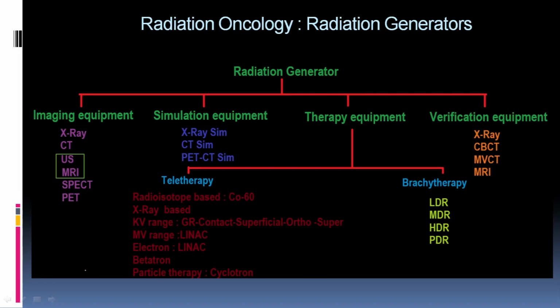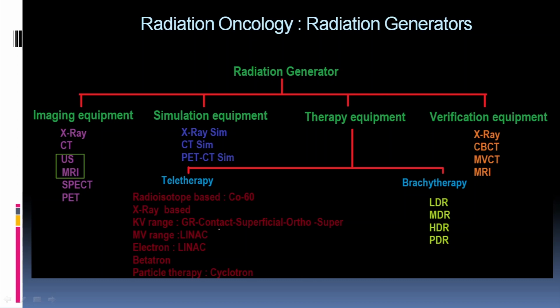The first type of teletherapy equipment is radioisotope based. They are cobalt 60. Some teletherapy equipment is X-ray based, and they may be in the kV range, meaning kilovoltage range, where the equipment includes Grenz ray therapy, contact therapy, superficial therapy, orthovoltage therapy, and supervoltage therapy.